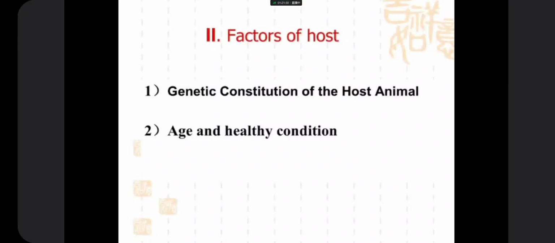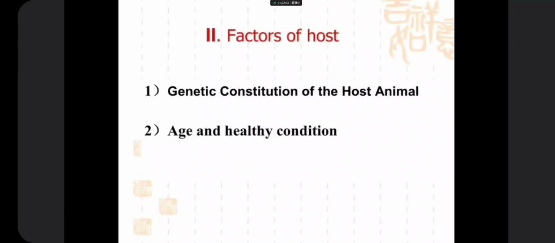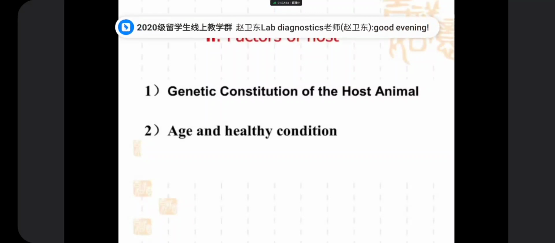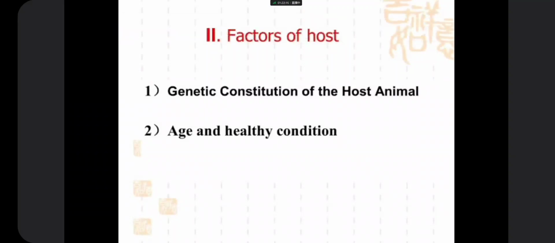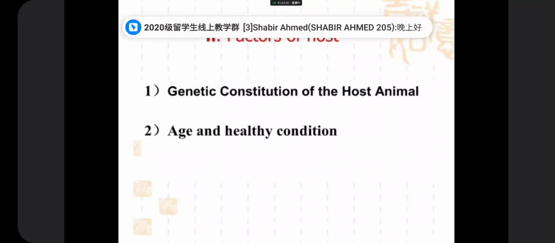Individuals whose APCs cannot present a substance or whose lymphocytes cannot recognize it will not respond to these substances as an immunogen. So the factors of the host can influence the degree of the immune response.